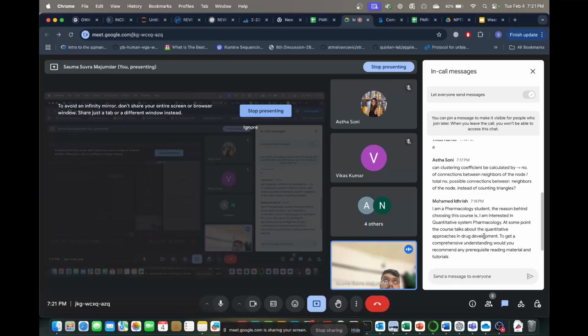Neighbors of the node by total number of possible connections between neighbors of the node.